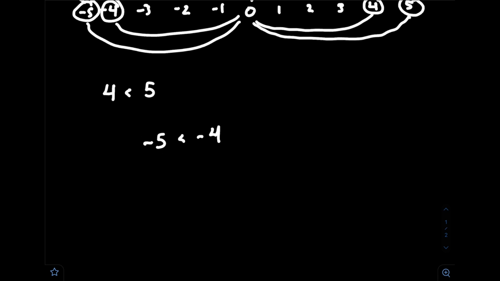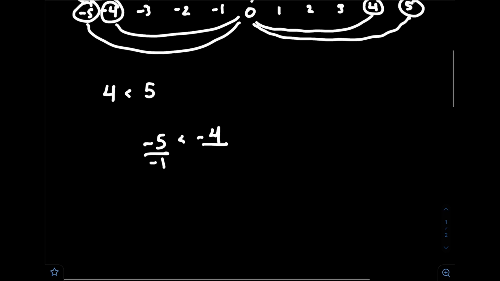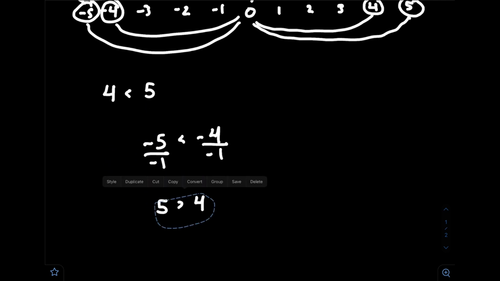We'll do that. Notice how we get 5, and when we follow our rule, we get greater than 4. And now this inequality holds true. Notice how if we didn't follow our rule, we would end up with 5 is less than 4.